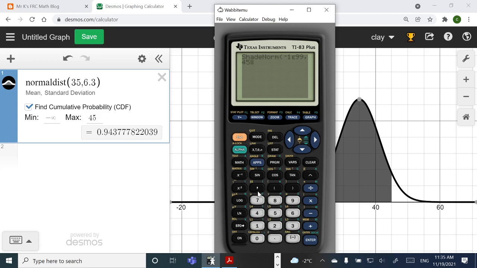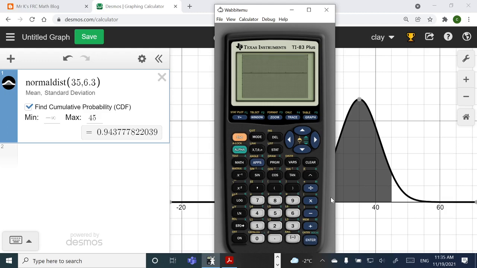My data had a mean of 35 and a standard deviation of 6.3, close brackets, and hit enter.